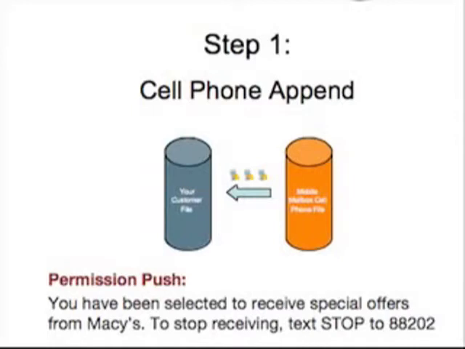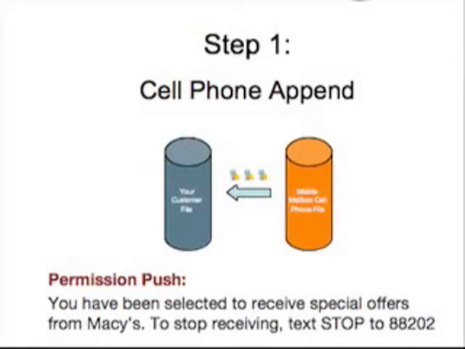Now, after the match is done, and this is very important and part of the process, after the match is done, we do a permission push. And at the bottom, you see a sample text message that would be sent out. After the match is done, a push goes out saying, for example, you have been selected to receive special offers from Macy's. To stop receiving, text stop.